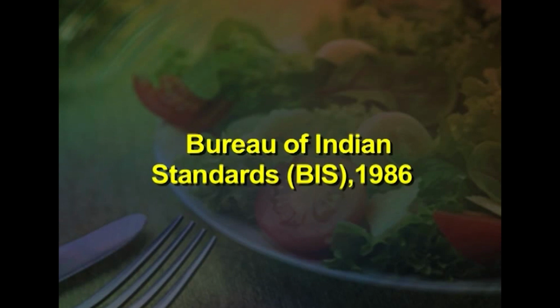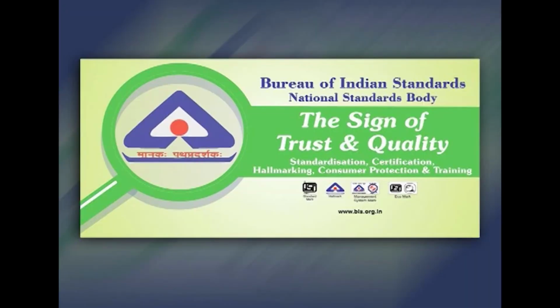Another important act is the Bureau of Indian Standards Act, BIS 1986. The Indian Standards Institution, now known as the Bureau of Indian Standards, BIS, was set up on 6th January 1947. BIS is functioning under the Ministry of Consumer Affairs, Food and Public Distribution, Government of India. BIS has on-record standards for most processed foods.